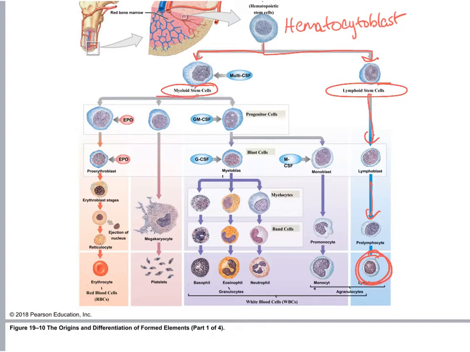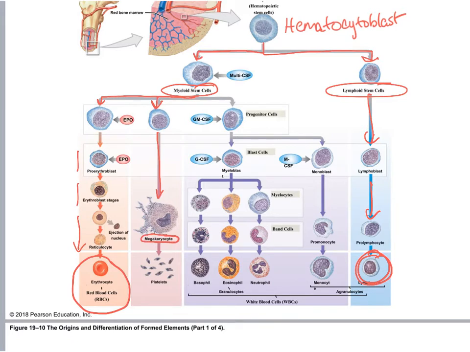First of all, it can become an erythrocyte, which is a red blood cell. It goes through several different stages, which we talked about in a previous video. The myeloid stem cell could also become a platelet. First, the myeloid stem cell gets really big and has all these extensions and becomes a megakaryocyte.